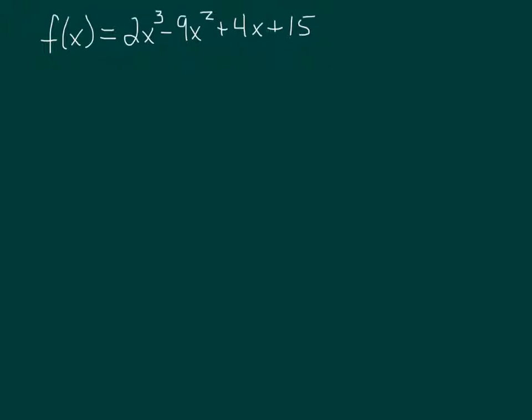Now, we are finding the zeros of this polynomial function, and those are found on the x-axis. Anything on the x-axis has a y value of 0, and remember, f of x stands for y. So what we're really doing is changing this into an equation, saying when y is 0, let's solve for x.